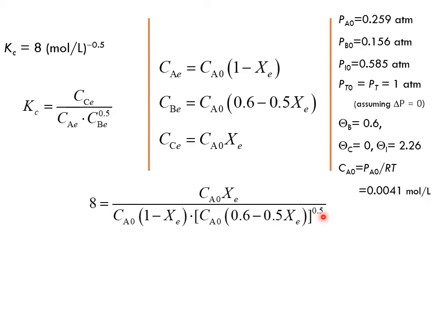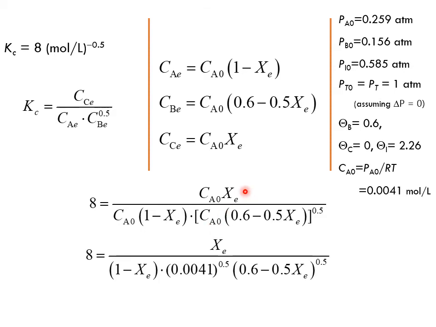Of course, don't forget to raise the concentration of B to the power 0.5. We have the value of Ca0, so the only unknown is Xe.